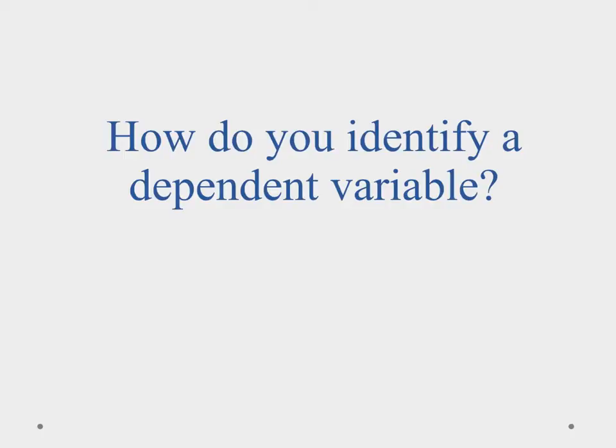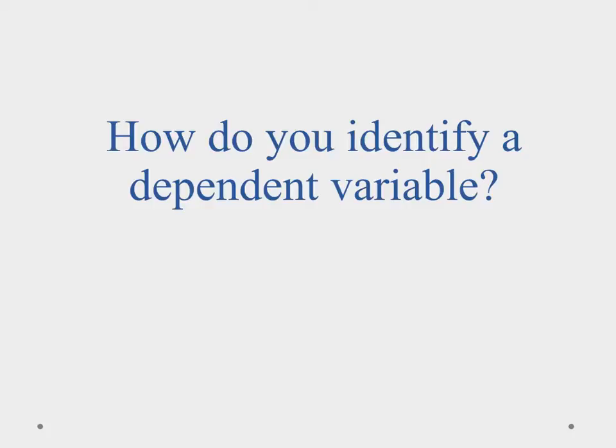In contrast, the dependent variable is the guy in the relationship that is changing or who is impacted by the independent variable. So I like to say that the dependent variable depends on something else.